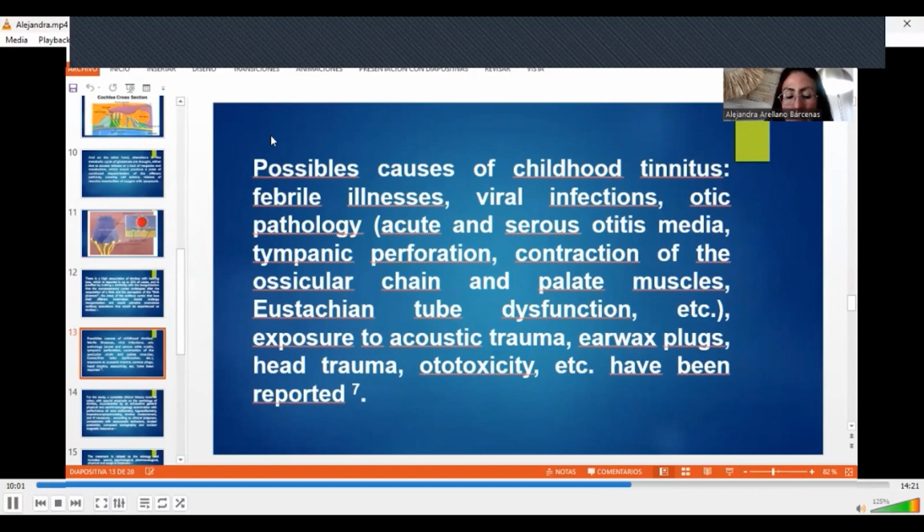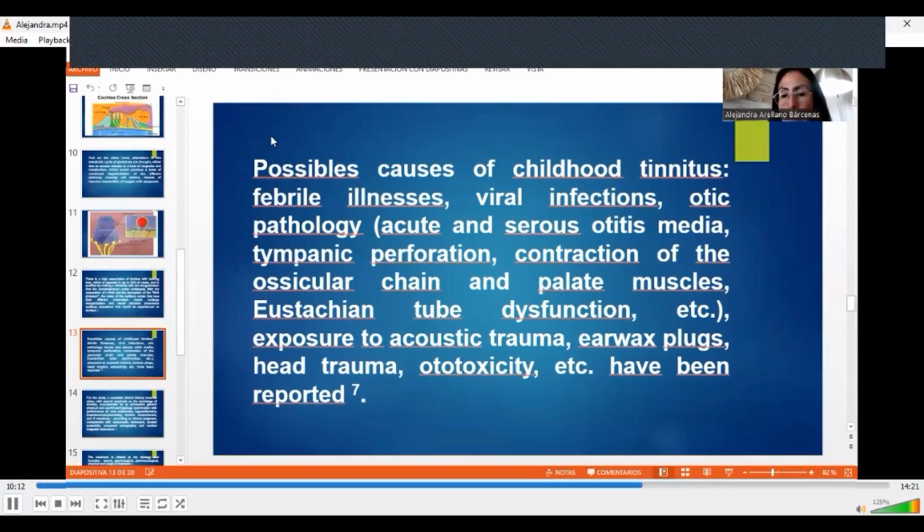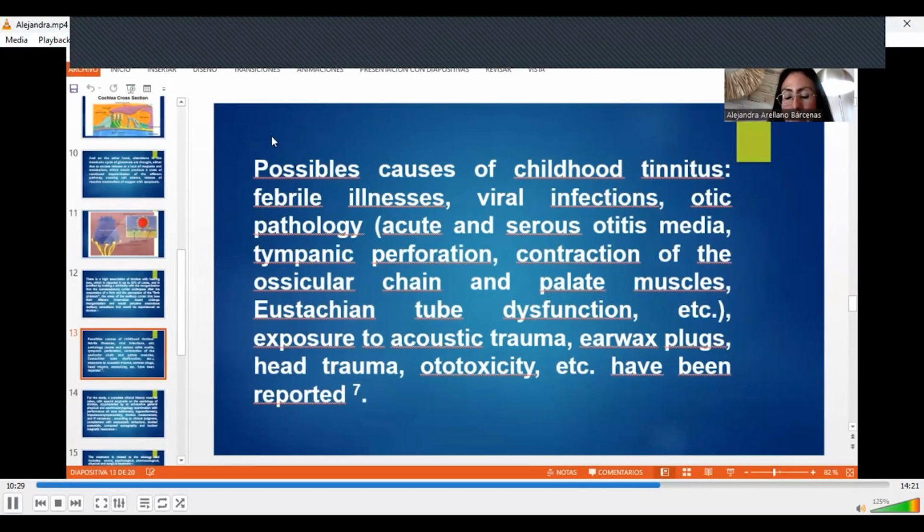For example, viral infection, otic pathology, for example, acute and serous otitis media, tympanic perforations, contraction of the ossicular chain and palatal muscles, eustachian tube dysfunction, etc. Also exposure to acute trauma, earwax loss, head trauma, and ototoxicity have been reported as etiology.